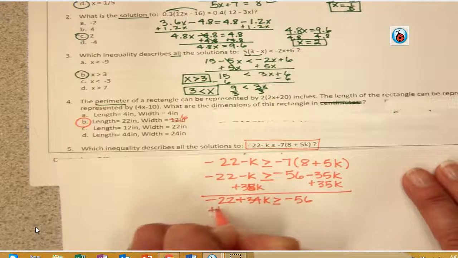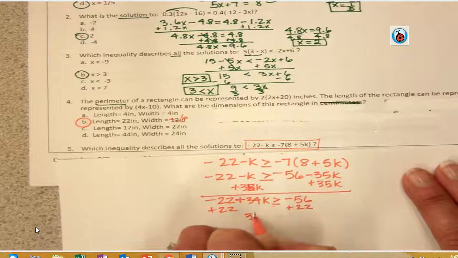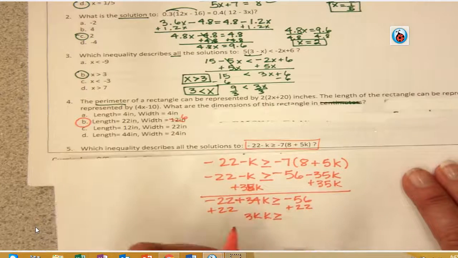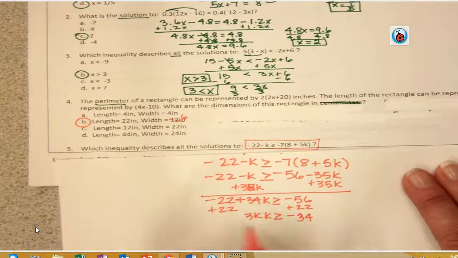Then I'm going to add 22 to both sides, and I get 34k greater than or equal to negative 56 plus 22 is 34. So now I divide by 34, and I get k is greater than or equal to -1.